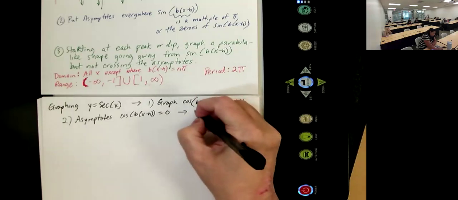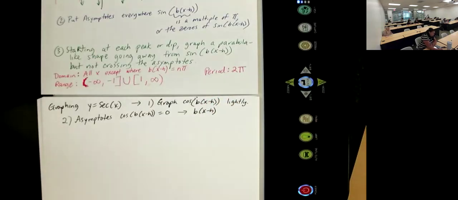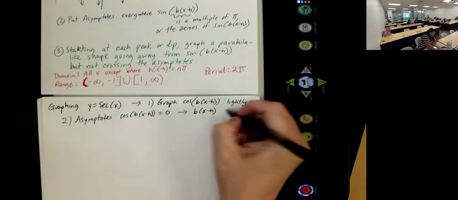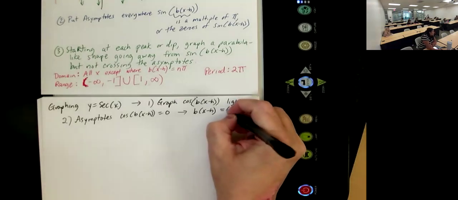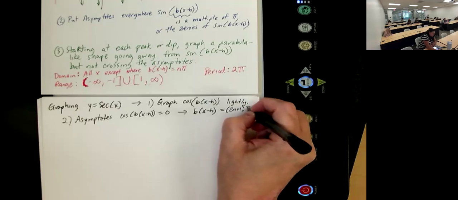And that happens at multiples of pi over 2. And the way to put that into a single expression is 2n plus 1 times pi over 2.